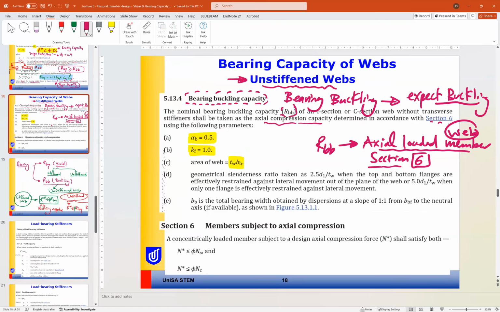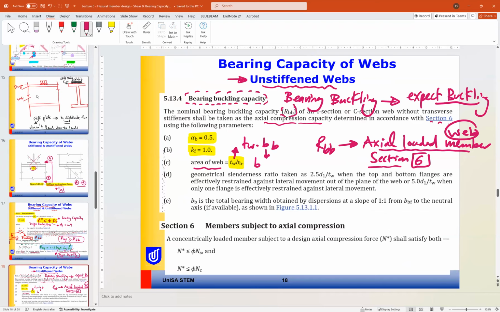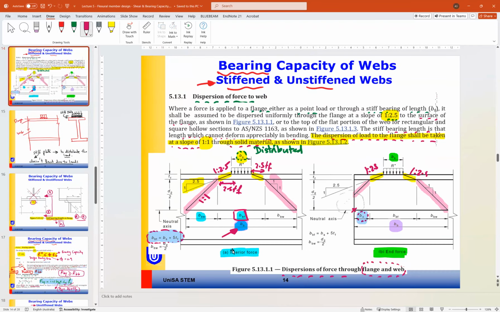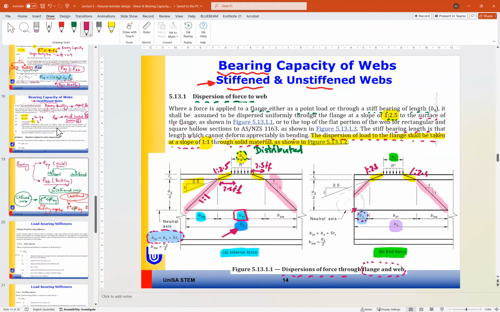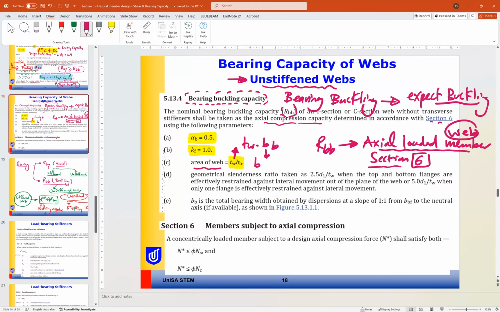So the area of web is T web times BB, where BB equals B flange, just to get the correct symbol, BBF plus 2 BBW.